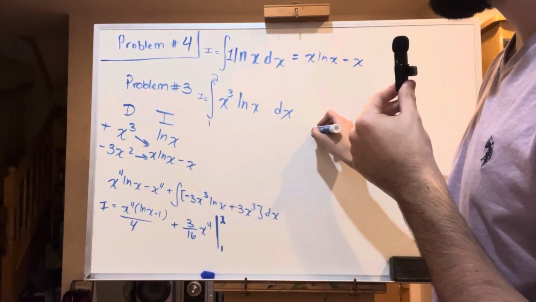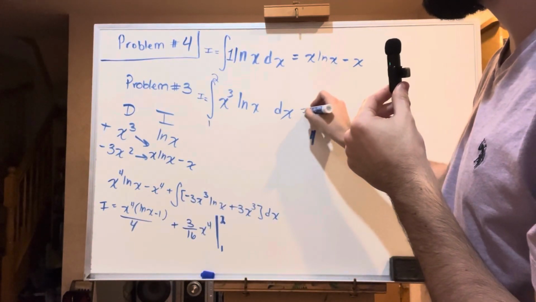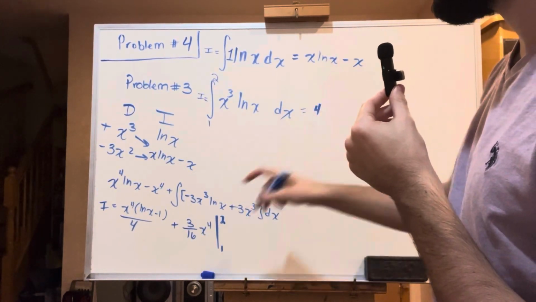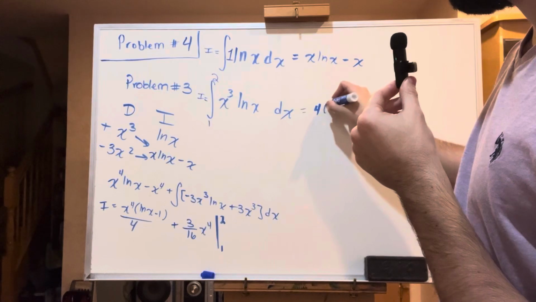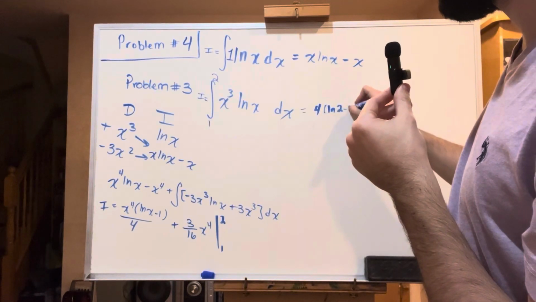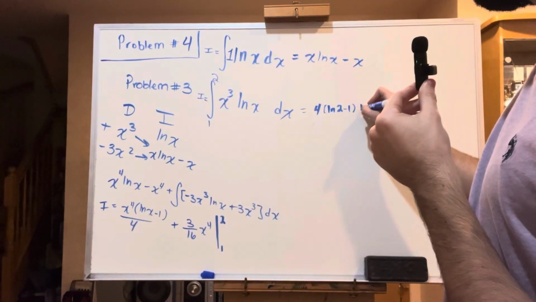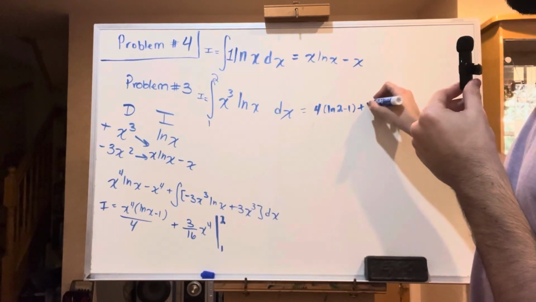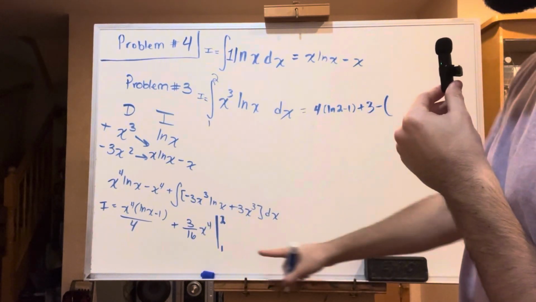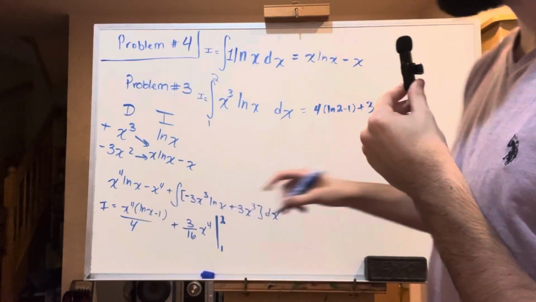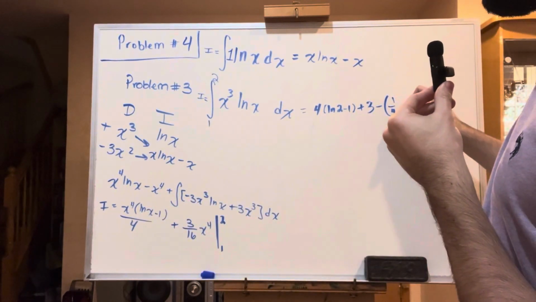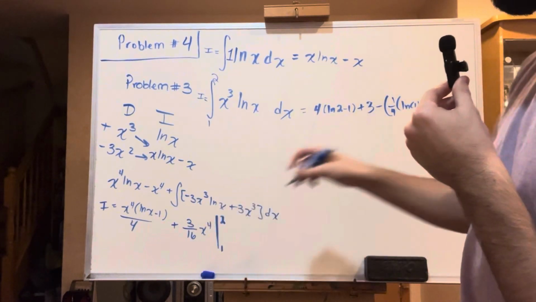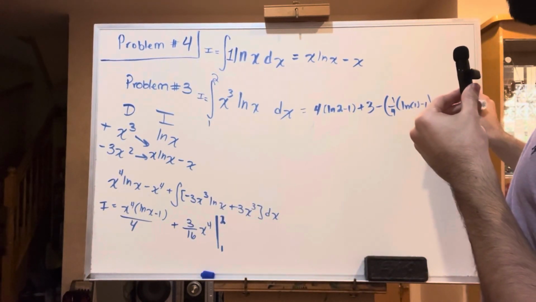So we get 4 ln 2 minus 1 plus, look at that, we get plus 3. Then we subtract the lower bound. Let's say we have 1/4 ln of 1 minus 1 plus 3/16.